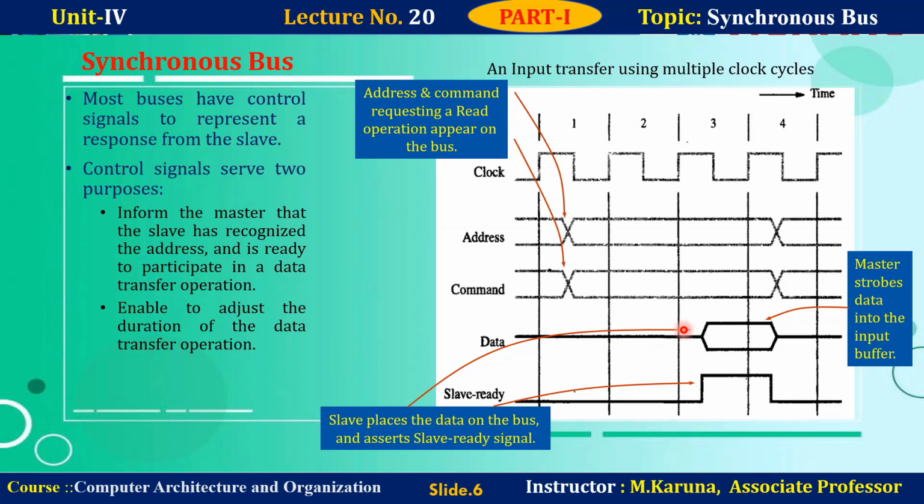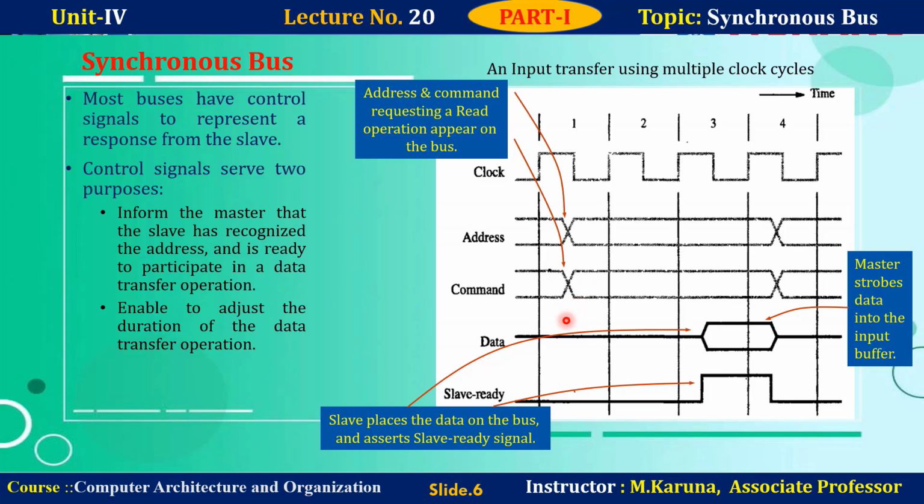Okay, so here during clock cycle 1, the master sends address and command information on the bus requesting a read operation. The read signal is not displayed in this diagram.